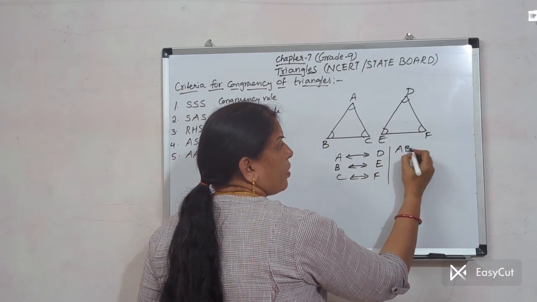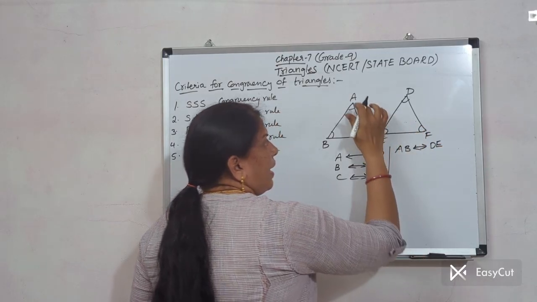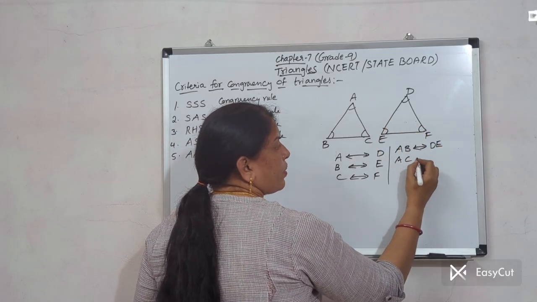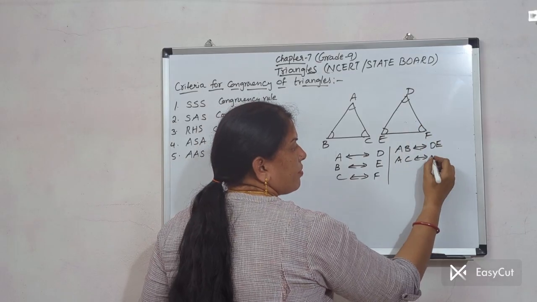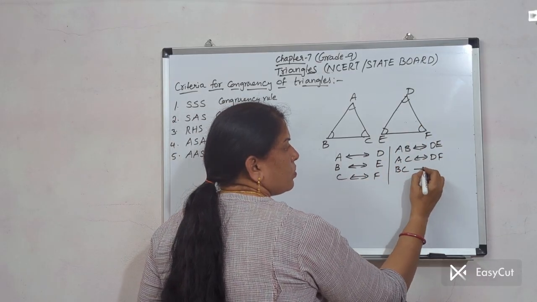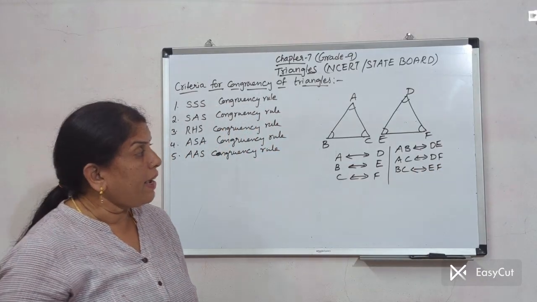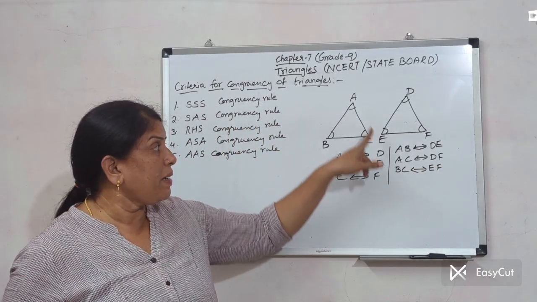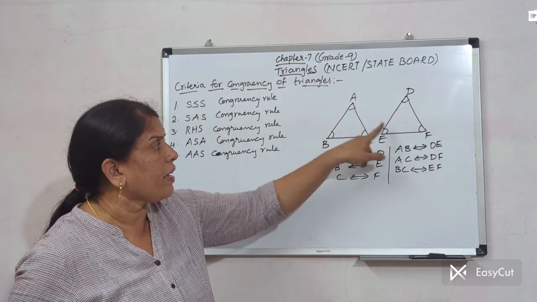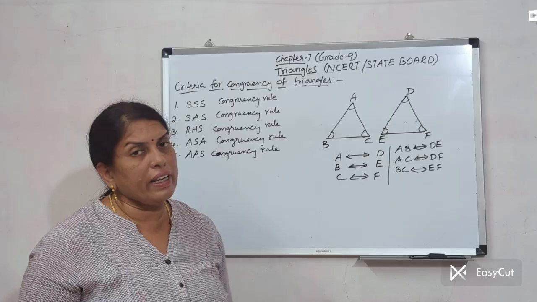AB will be corresponding to DE, AC will be corresponding to DF, and BC is corresponding to EF. These are the sides. That means AB lies on DE, AC lies on DF, BC lies on EF.